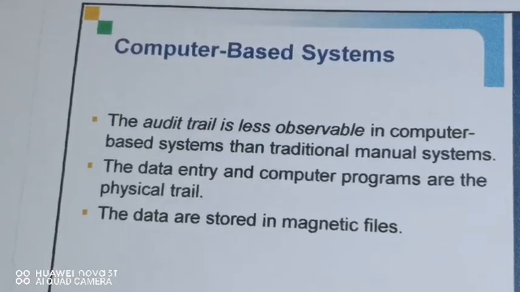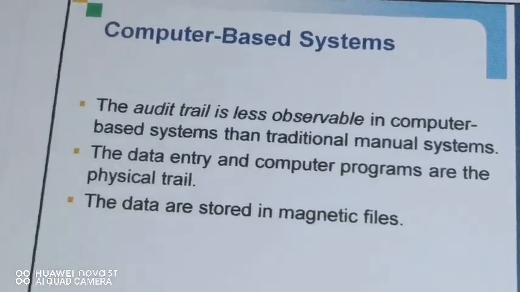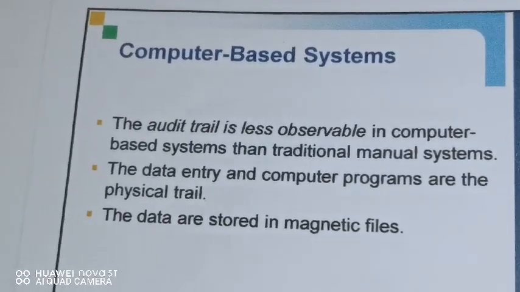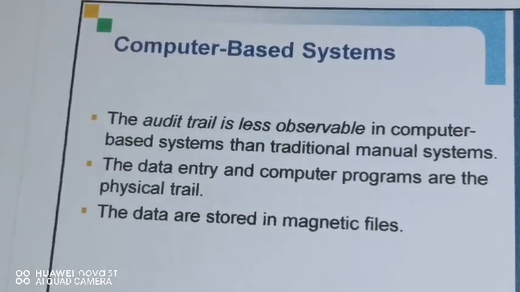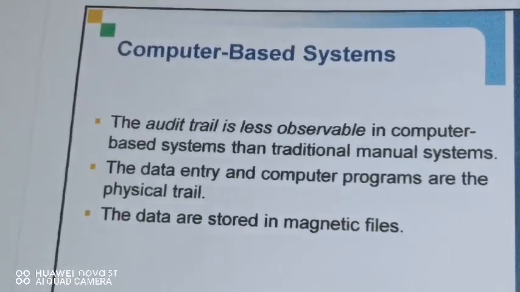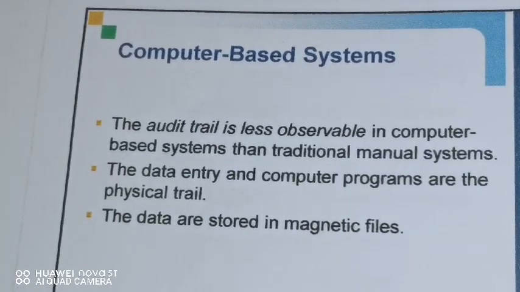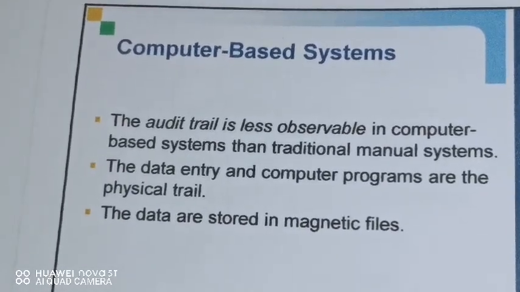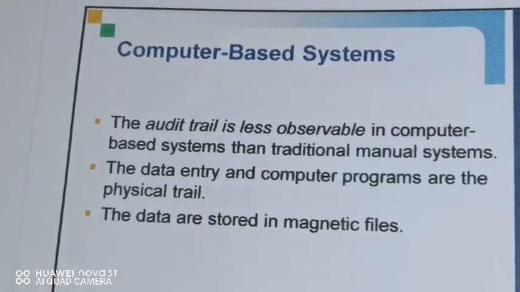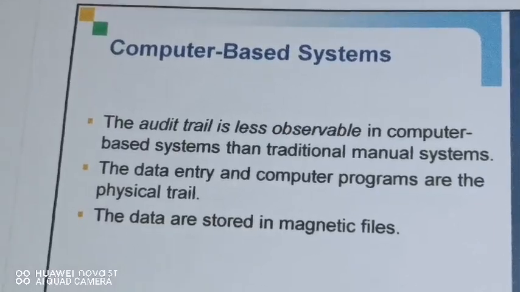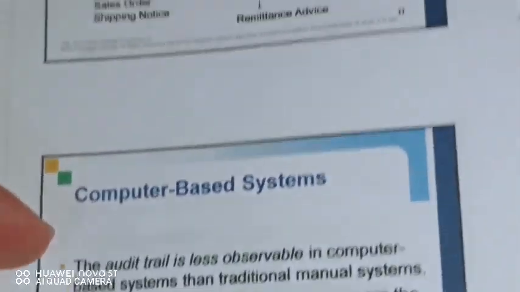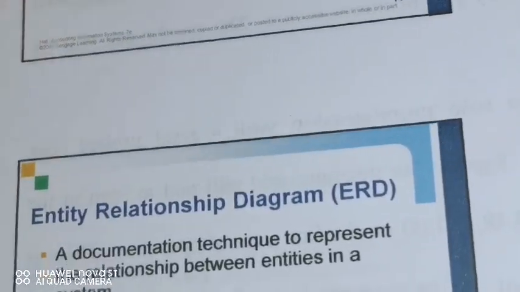And then the data are stored in magnetic files. Okay, so kung sa manual, ang mga data naka-store sa isang folder or sa isang cabinet wherein nakalagay doon yung mga resibo, yung mga invoices and sales order. Okay, here, it is stored in a magnetic file or database.